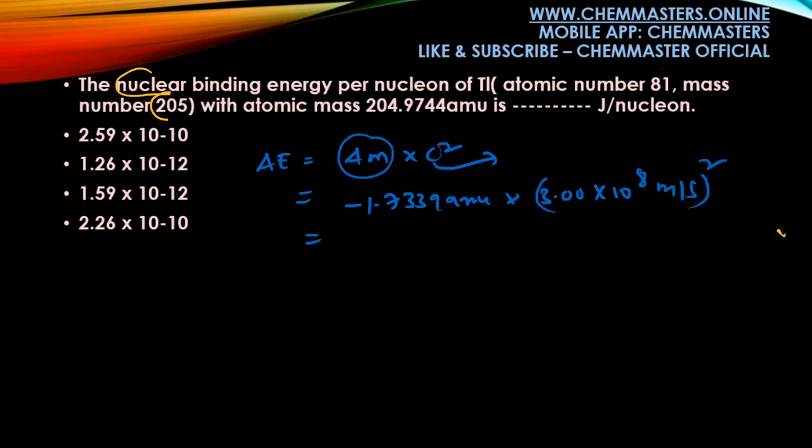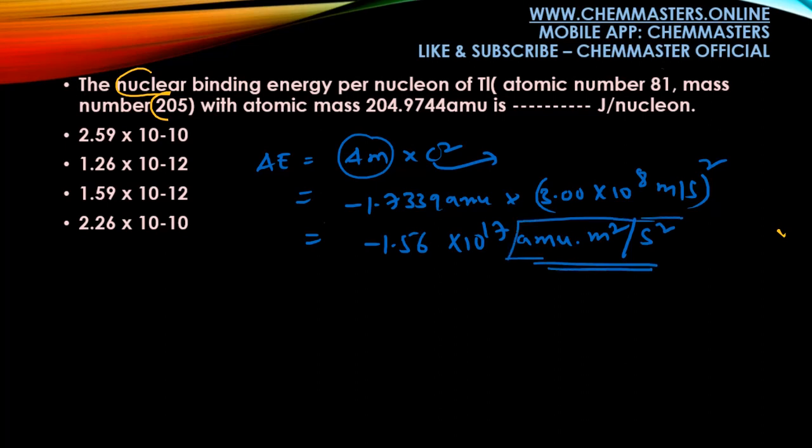The result is minus 1.56 into 10 power 17 atomic mass units meter square per second square.